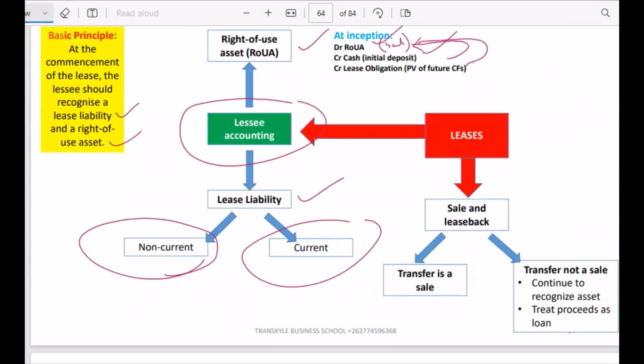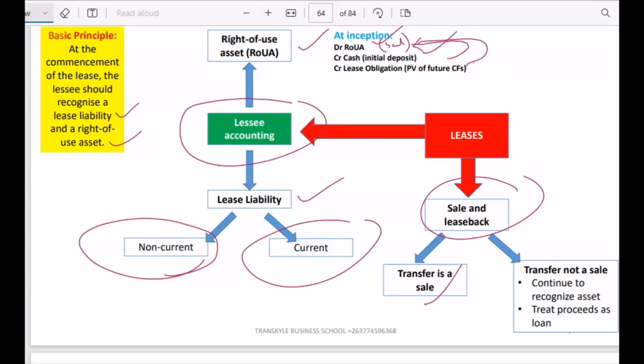Okay, now we also have to look at a situation where we have a sale and leaseback transaction. All right, so there are two scenarios: where the transfer is a sale in terms of IFRS 15 and where the transfer is not a sale. So if it is not actually a sale, then you need to continue to recognize the asset and treat the proceeds as a loan.